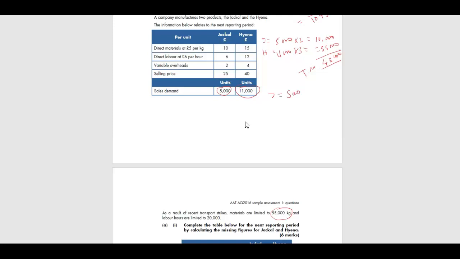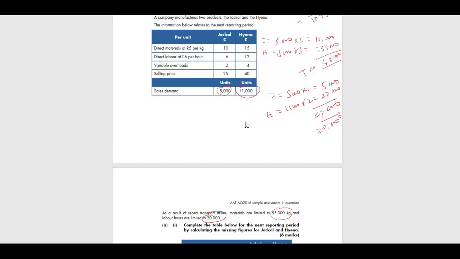And for H we need 2 hours for 11,000 units, so that gives me 22,000 hours. So in total we need 27,000 hours, but unfortunately we have only 20,000 hours available, so we have a shortage of 7,000. So we have to see what is the best possible way to use these 20,000 hours and get the maximum profit. This is the question.